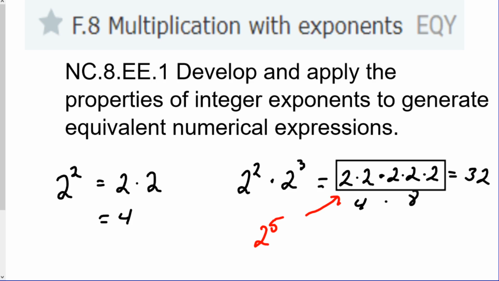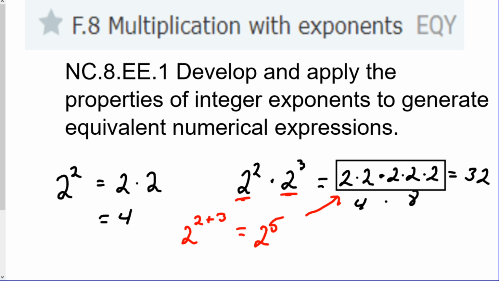So the rule for exponents, one of the properties for exponents: when you're multiplying exponents, as long as the base is the same, the base has to be the same or this doesn't work, you can simply add the exponents. So that's a neat little shortcut there.